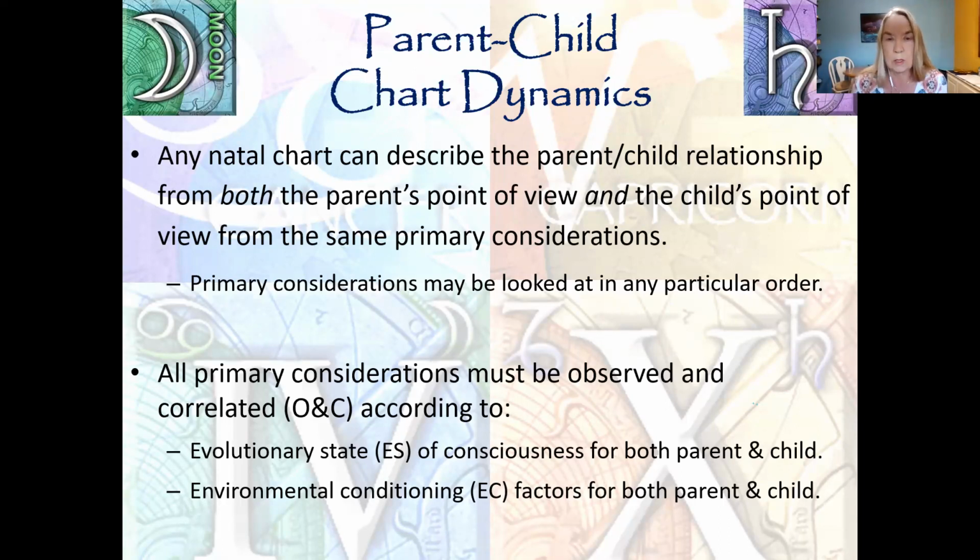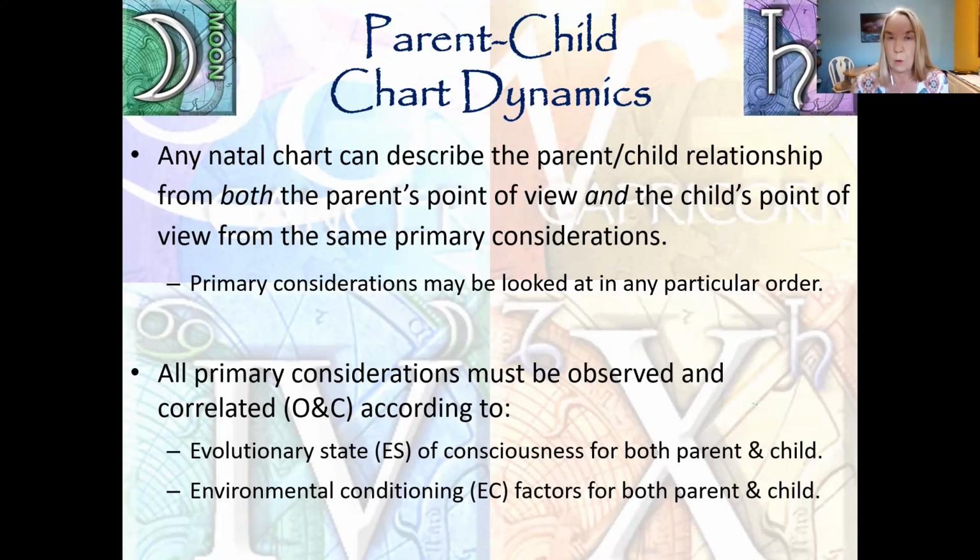One thing to note is that these primary considerations can be observed in any order. There isn't a step 1, step 2, step 3. And you'll see we're going to use 3 chart examples here.